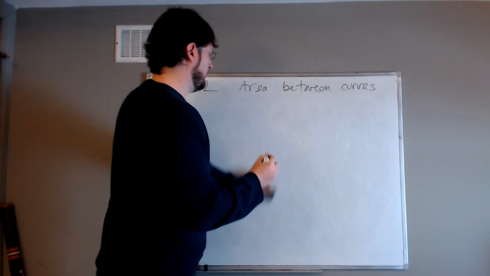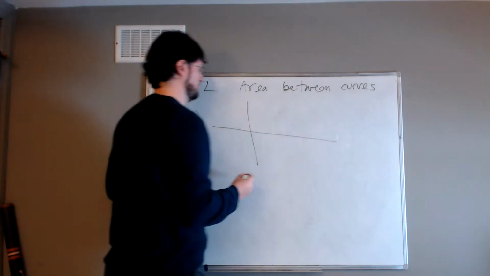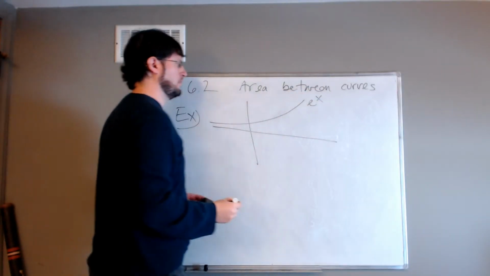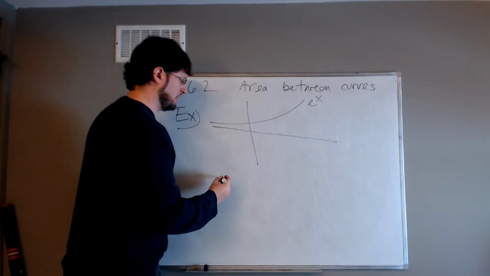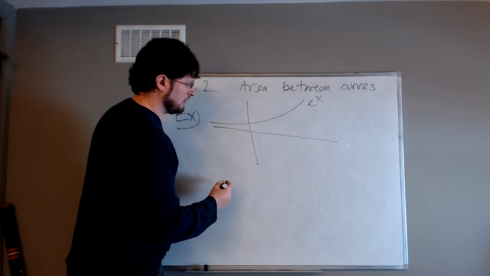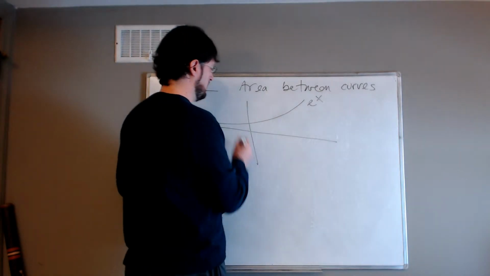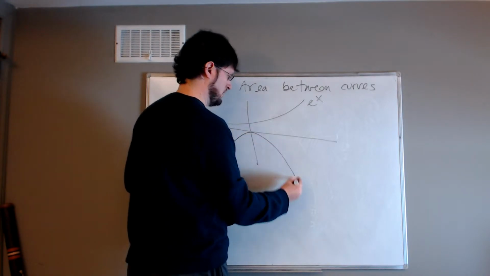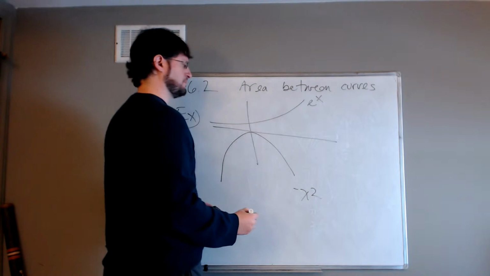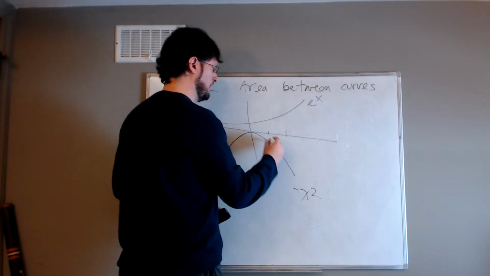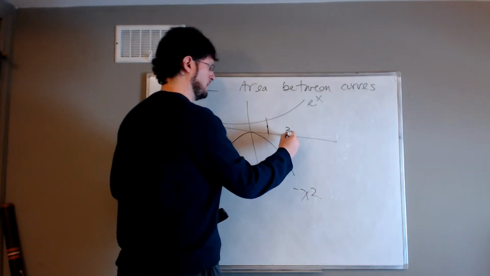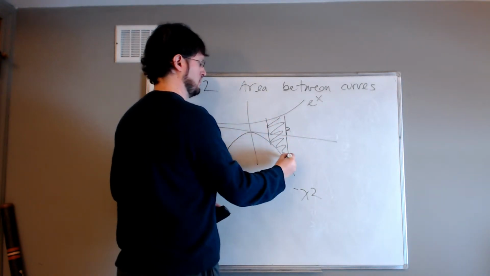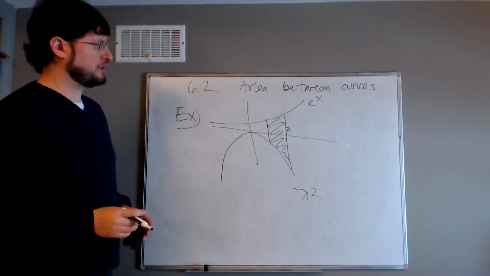What if I have this question? This is our function e to the x, and this is the function, let's say, negative x squared, and I want to know this area. That's my goal, to get that area.